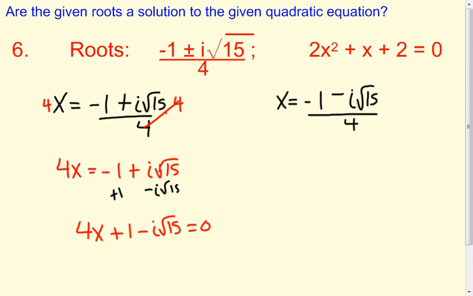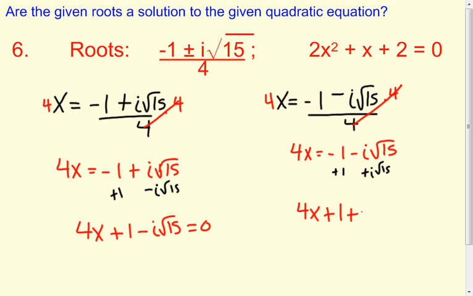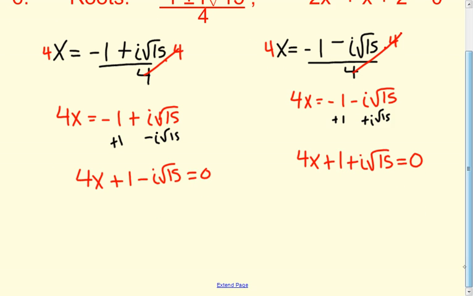Okay? Very similarly over here, I will multiply both sides by 4. Those will drop out, and I will have 4x equals -1 minus I times the square root of 15. I will add 1 and add I root 15. So I will have 4x plus 1 plus I root 15 equals 0.